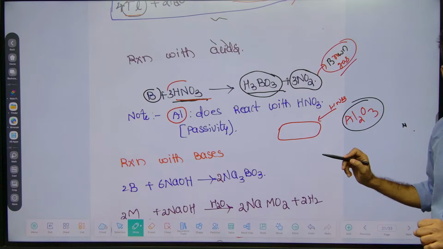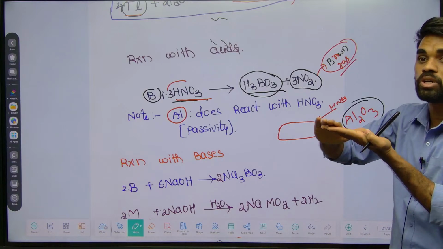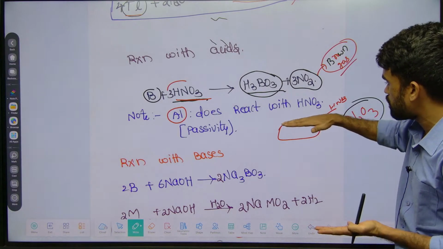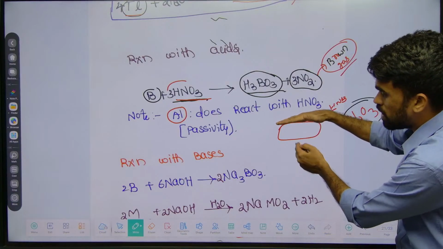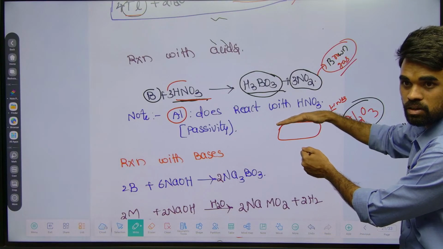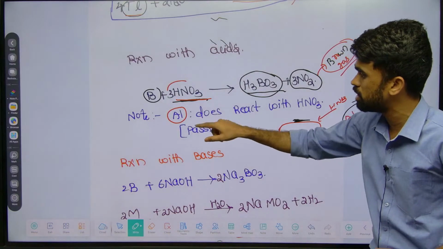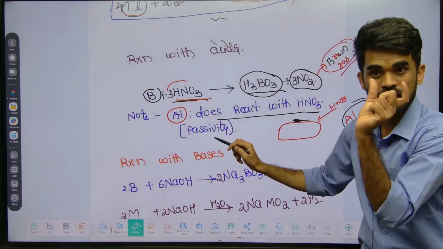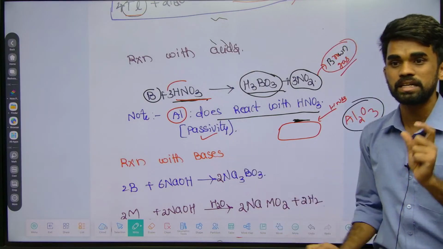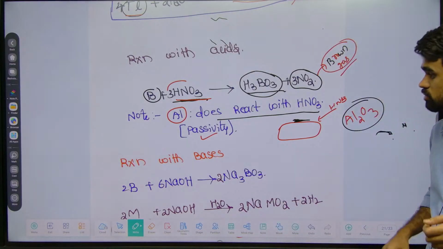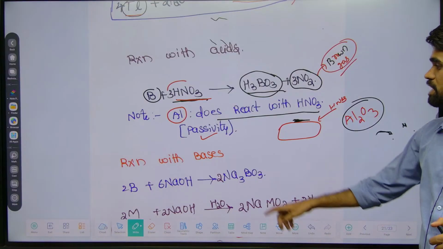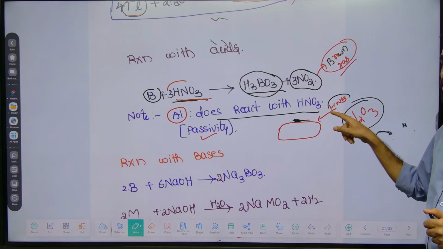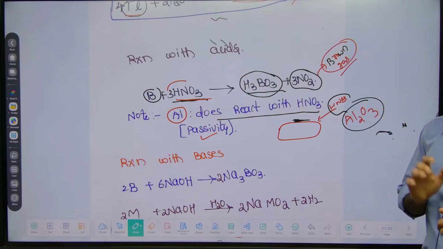That oxide layer acts as a protective one. The oxide layer is formed on top, so will the aluminium at the bottom react? No. That is why aluminium does not react with nitric acid, due to passivity. Passivity is nothing but the formation of a protective oxide layer.